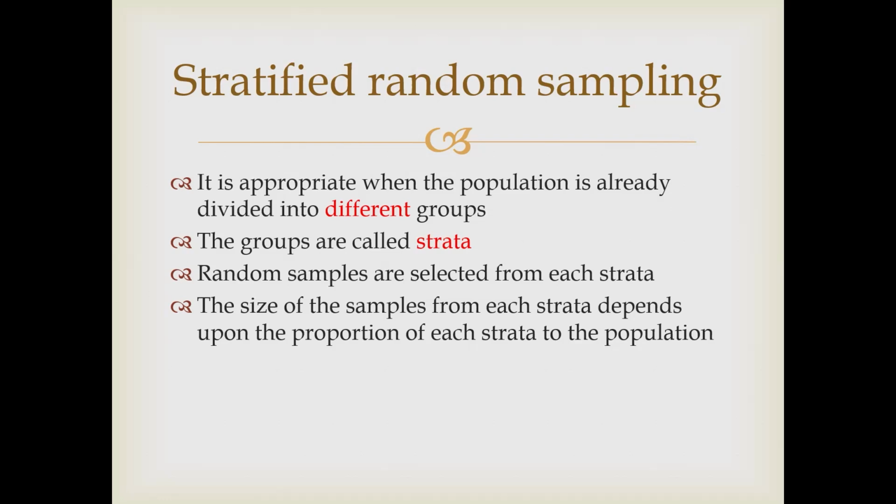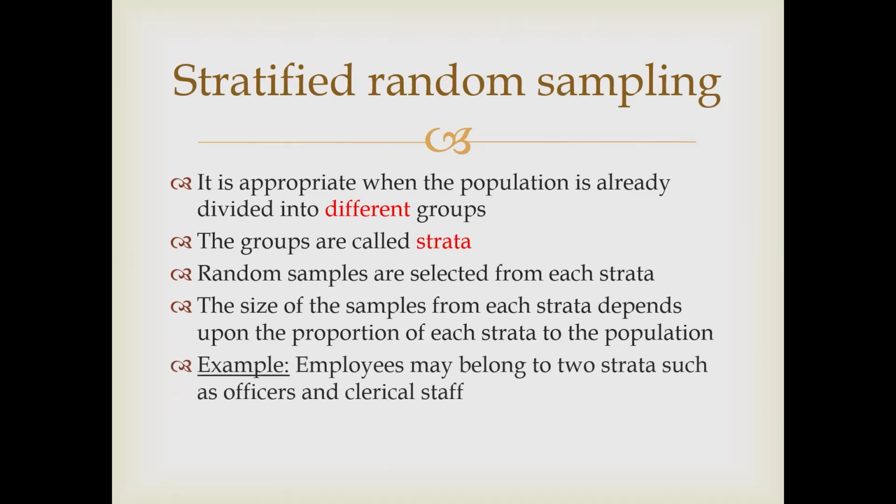Your sample should be in the same proportion as the population. This is stratified random sampling. Another example: employees may belong to two strata such as officers and clerical staff. Two strata. Okay.